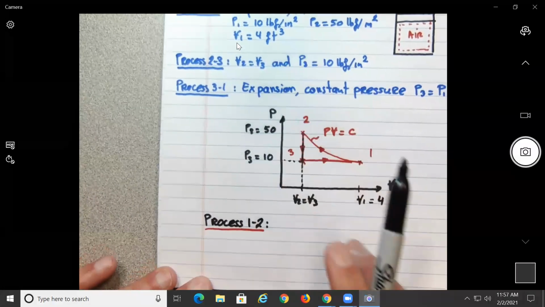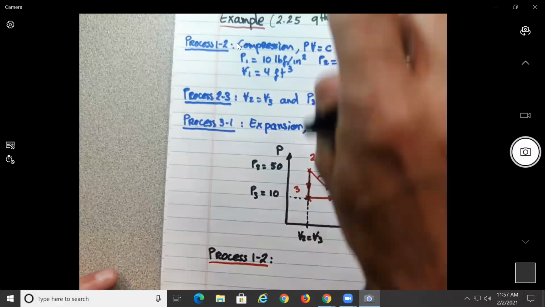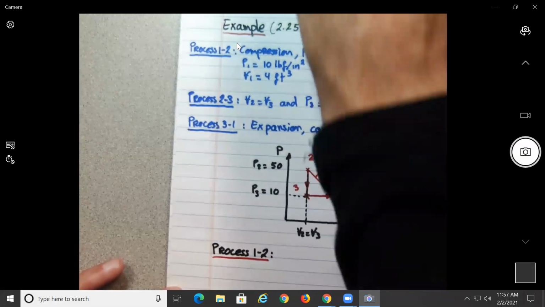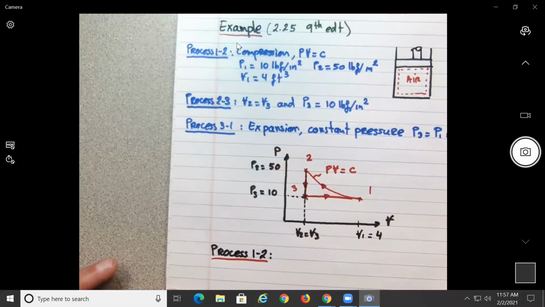Is the polytropic process, PV equal to a constant.